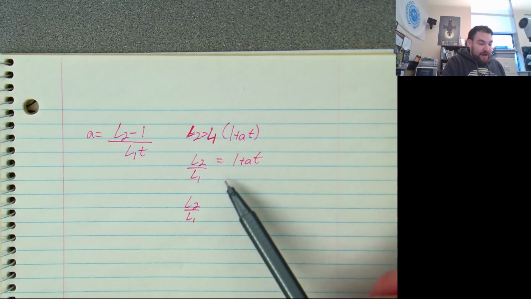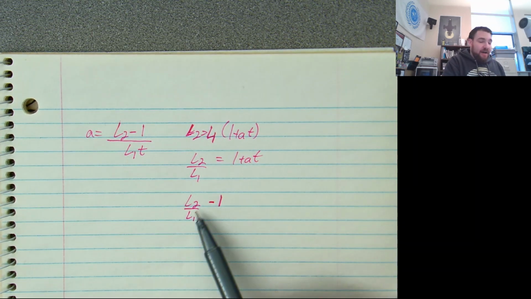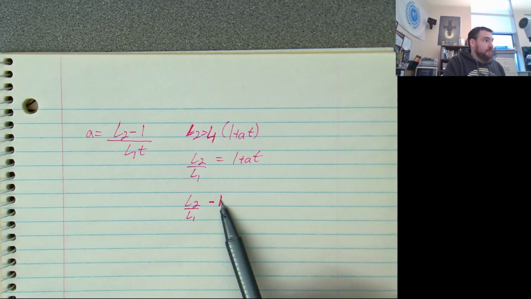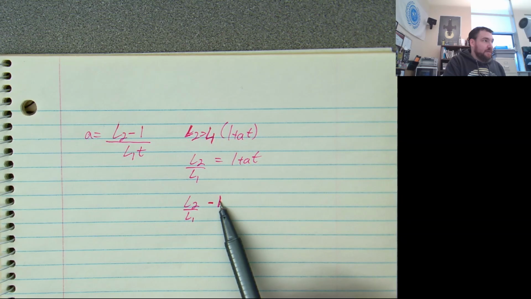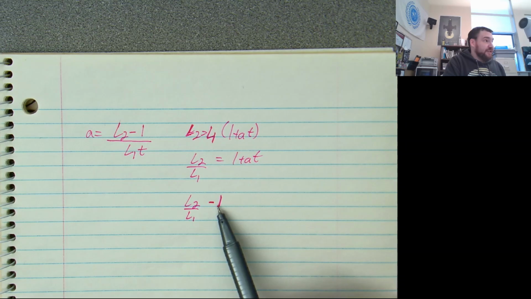If you do it that way, when you subtract the 1 over, the L1 in the denominator here doesn't divide here. If that makes any sense. So it's outside of the fraction. So the minus 1 is outside of the fraction, yes.